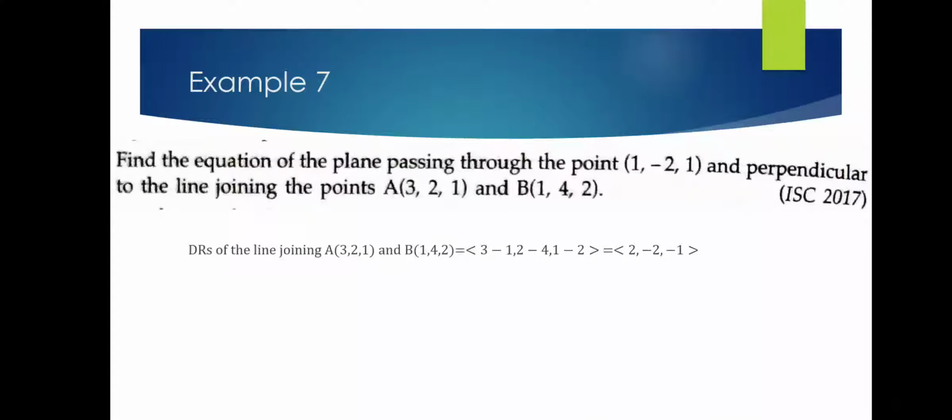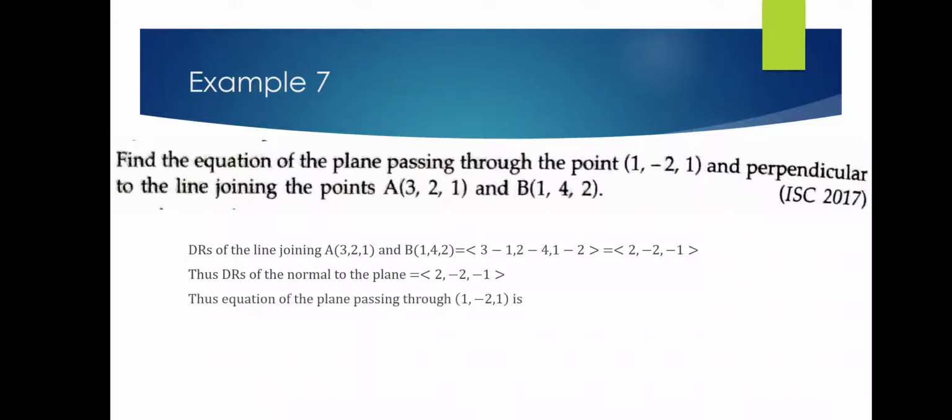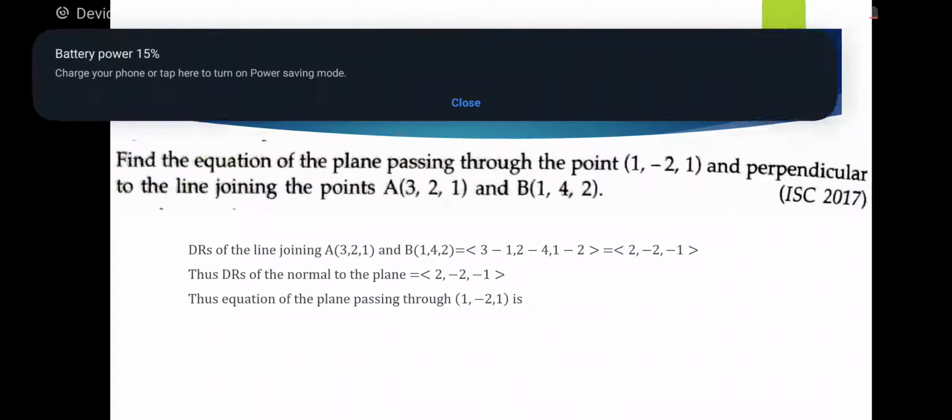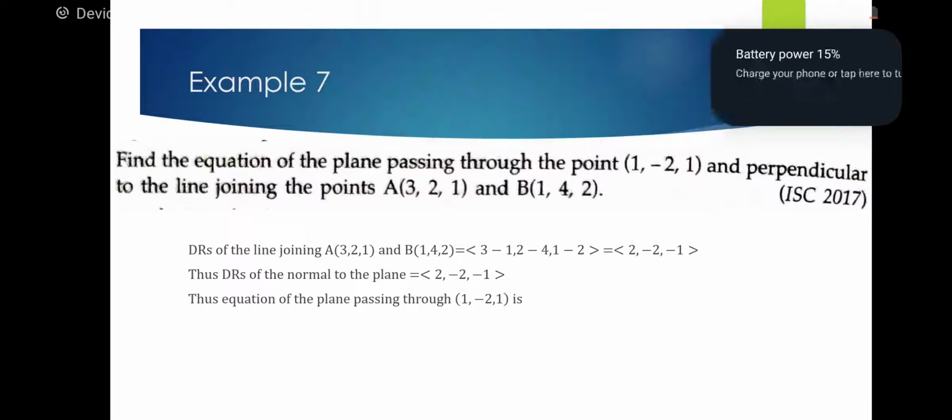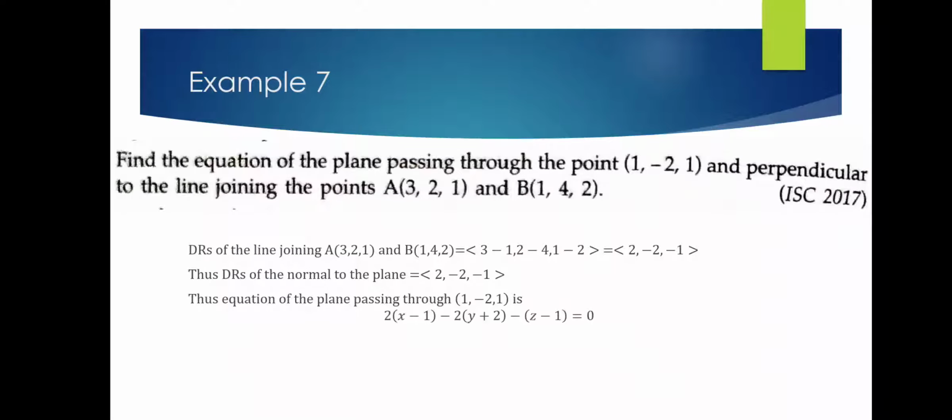So this is actually the direction ratio of the normal. And also it is told that the plane is passing through the point 1, minus 2 and 1. So we have to do just the same thing by writing the equation of the plane in the one-point form. And this is your equation.